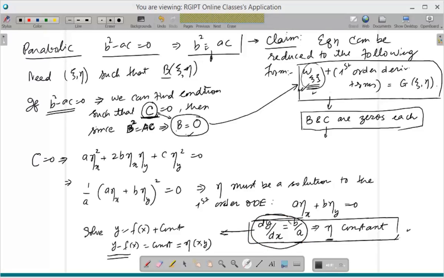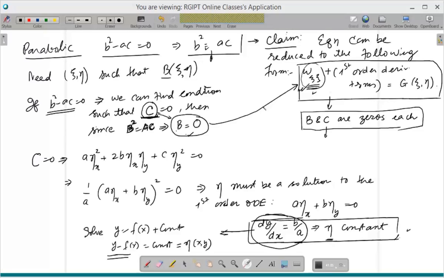That is how you obtain it, the same procedure we followed in the previous example. So once I have found eta of x, y, I know that on these sets of curves where eta is constant, my equation has only one second order partial derivative term, with respect to only one variable. That is the canonical form. That is the parabolic equation.